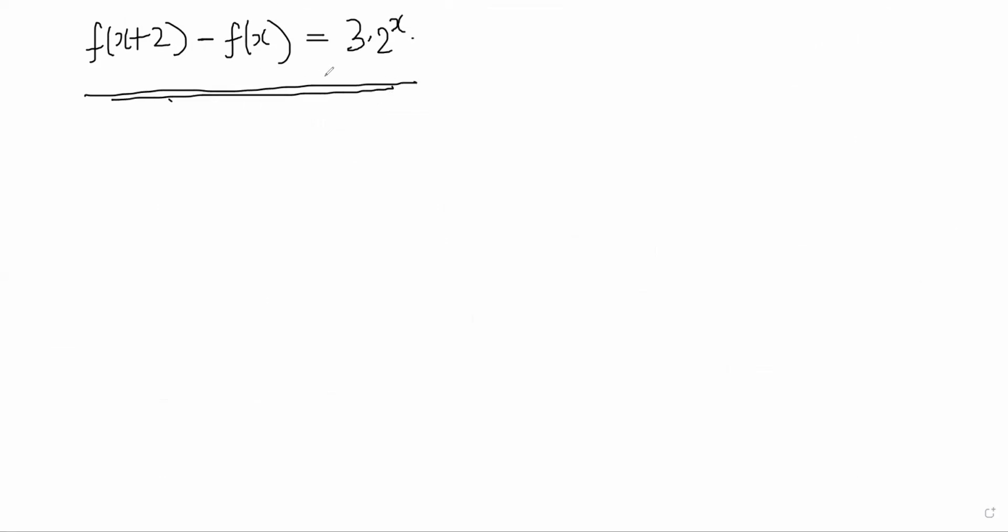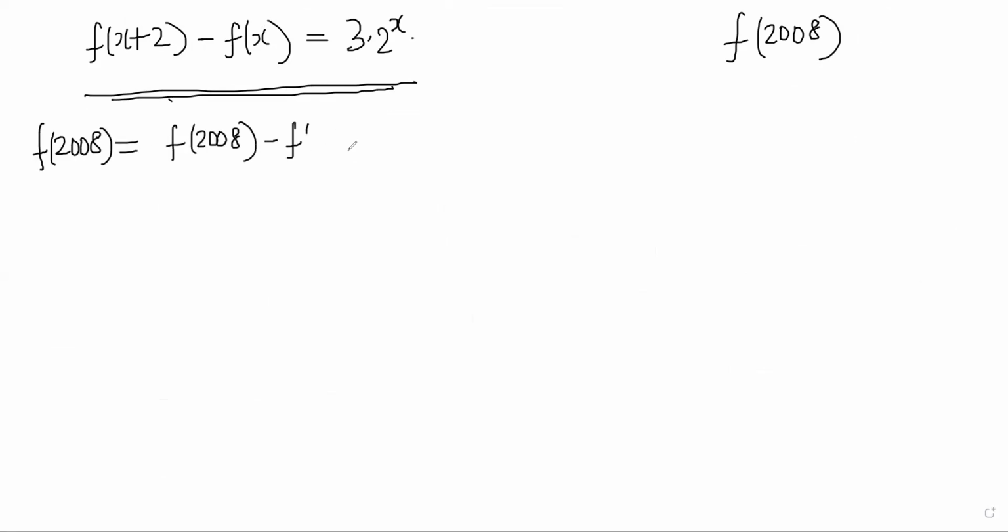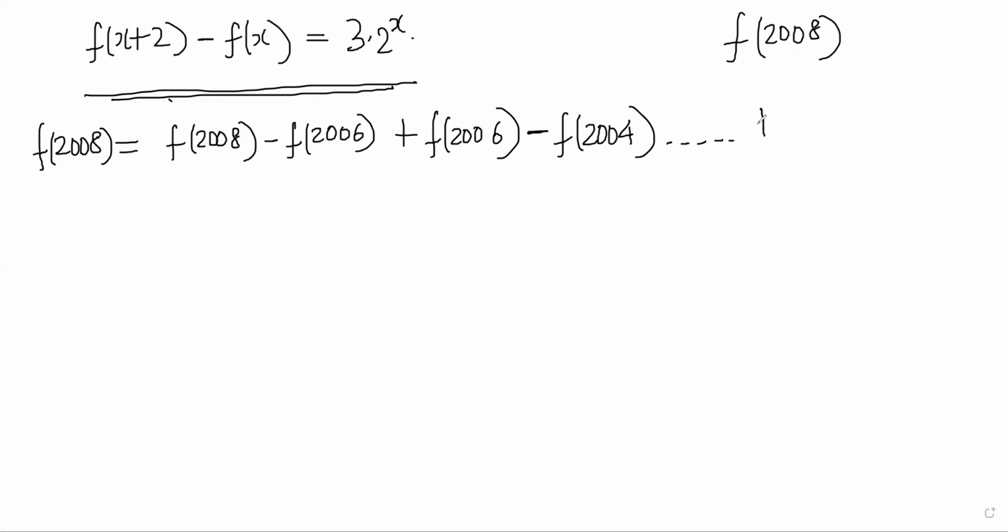Now, if we have this, we should be able to basically find the series. We have to find f of 2008. So we will keep using that. F of 2008 will be equal to f of 2008 minus f of 2006 plus f of 2006 minus f of 2004, right? And so on, plus f of 2 minus f of 0, and finally a plus f of 0, right?